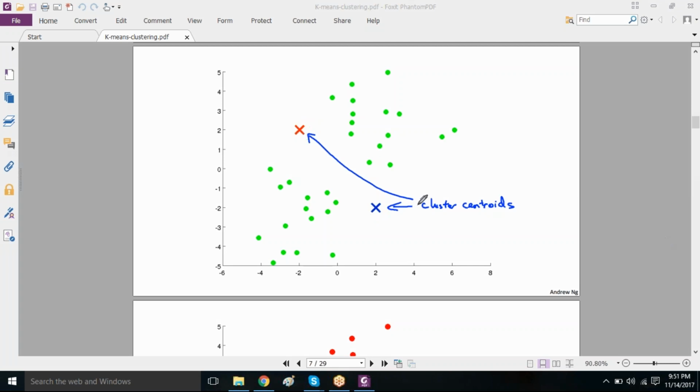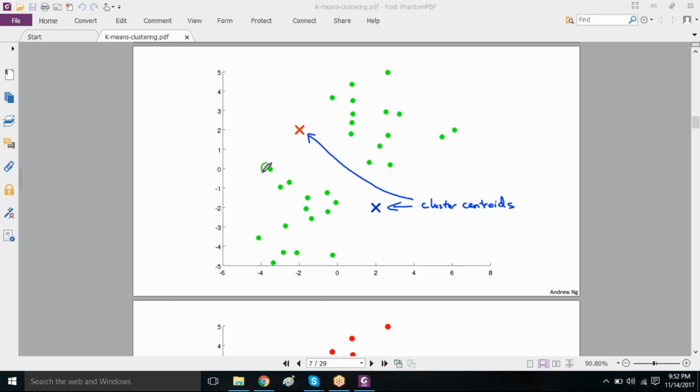At two places it puts the center initially, and only two crosses because I have given the parameter k equal to 2. Now these k equal to 2 centroids it will place. Now it does a very interesting thing. For each data point it will calculate which one is my nearest centroid.